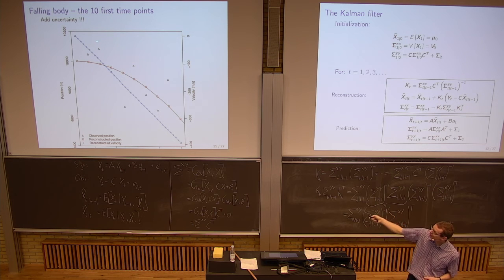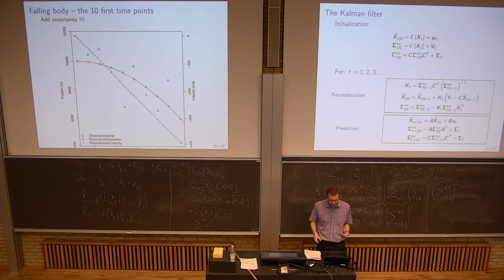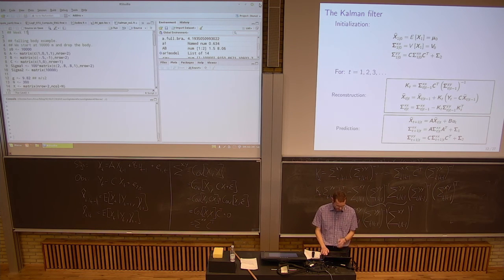So I start with no vertical velocity, and then I just have a linear increase in velocity. And of course, what I should do would be to add uncertainty on all these things. I think I've said that so many times that I should also do it myself. So I will do that.